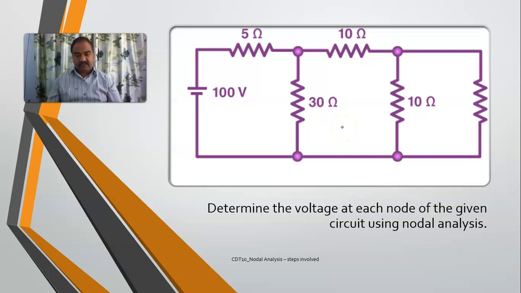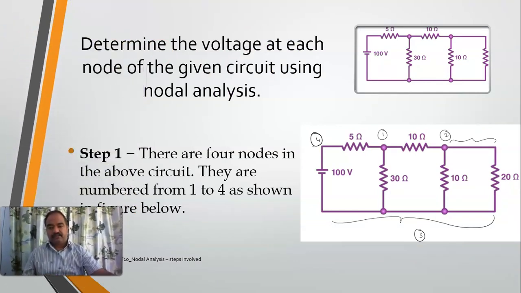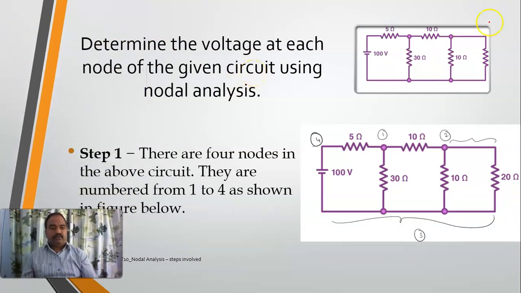So if you see this circuit, how many nodes are there? Anything where 2 or more elements are connected is called a node. So this is one node. This is the second one, because here 1, 2, 3 elements are connected.